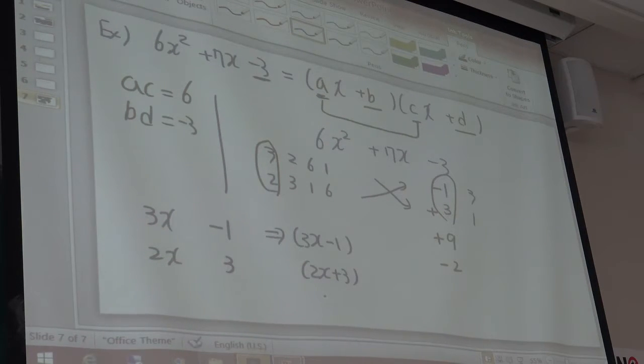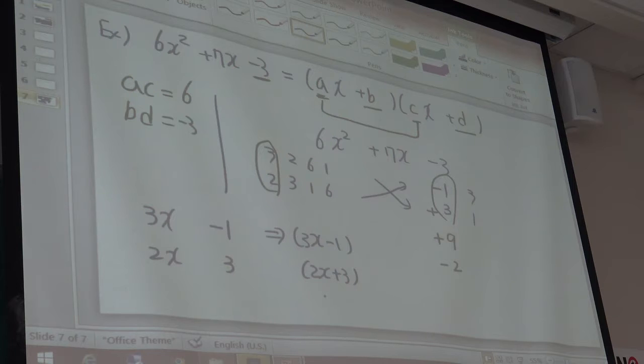There are so many ways, so basically you have to find your own way. If you think one of the methods looks better, then stick to that method and try to use it to do the factorization.